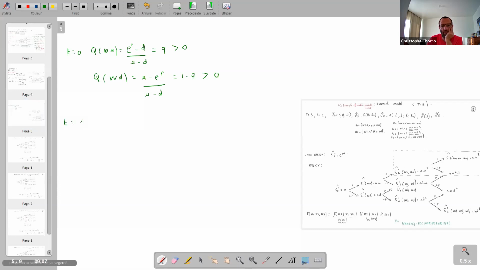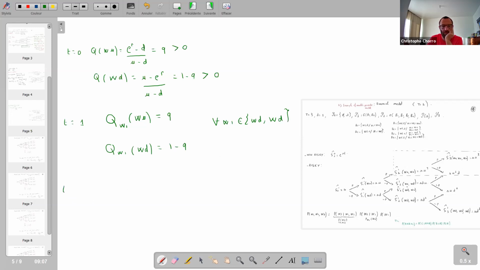For t equal to 1, what will I obtain? I will obtain, in fact, that all these conditional probabilities, Q(ω2 = ωU given ω1) is equal to q, and Q(ω2 = ωD given ω1) is equal to 1 minus q, for all ω1 belonging to {ωU, ωD}.